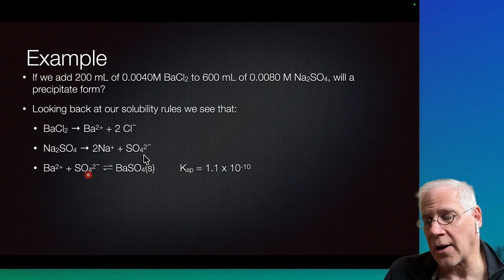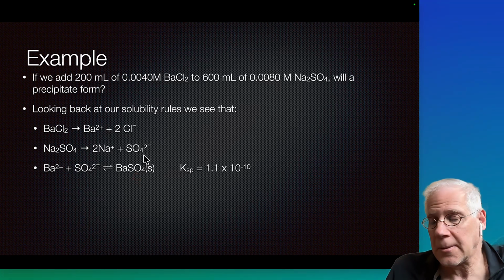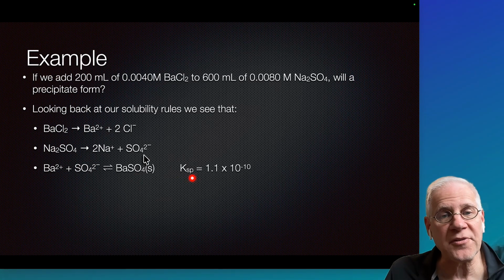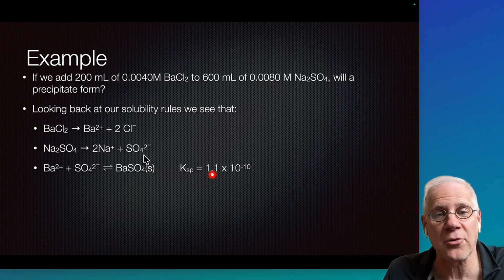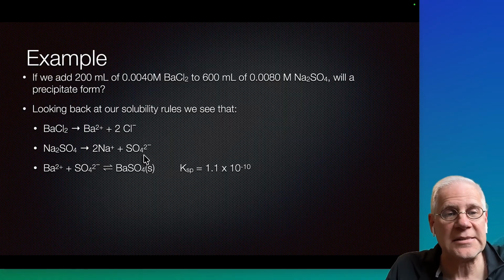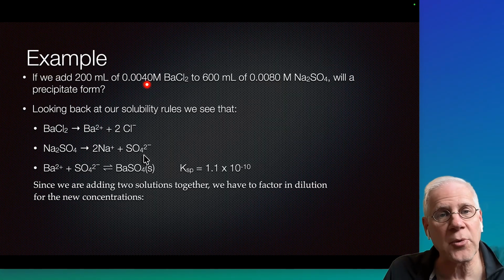So we have two ions that can form a precipitate. When we look at barium sulfate, we see that it has a KSP. That's always a good indication that it's an insoluble salt, and it has a value of 1.1 times 10 to the minus 10.